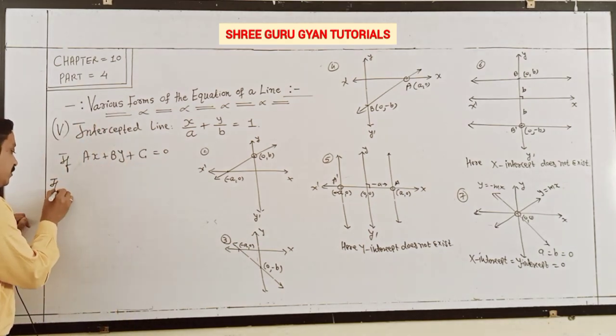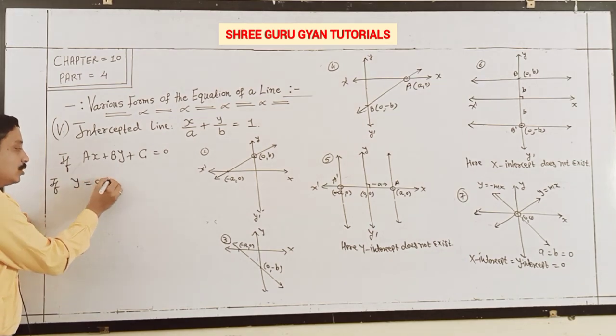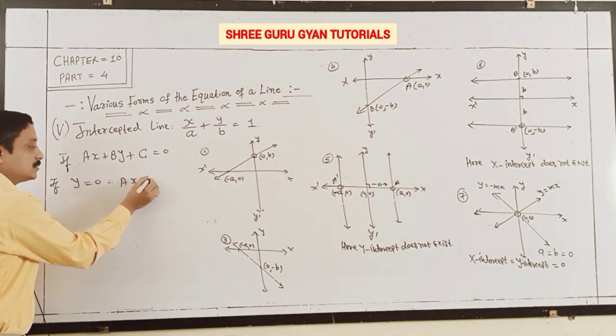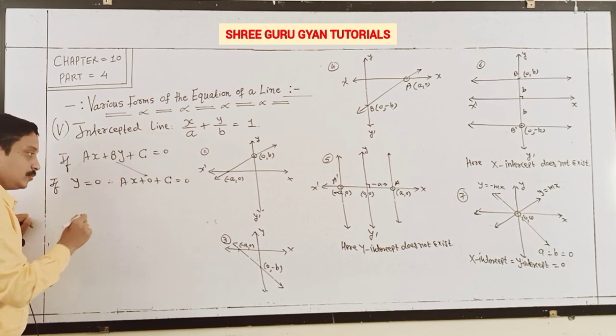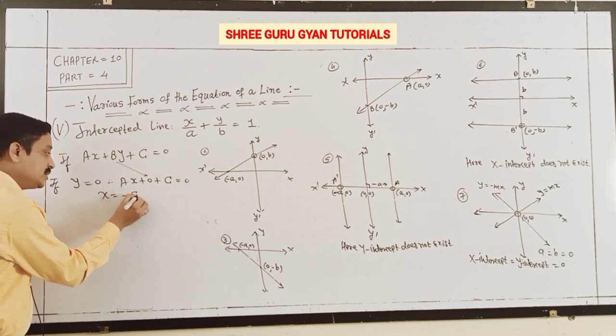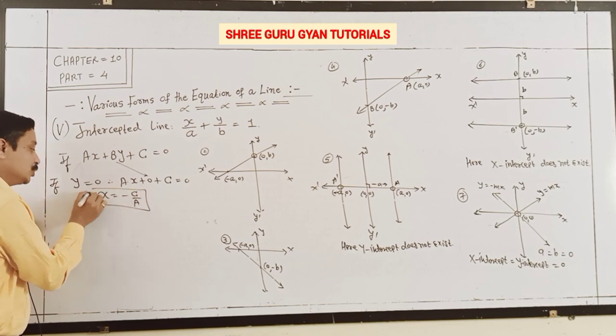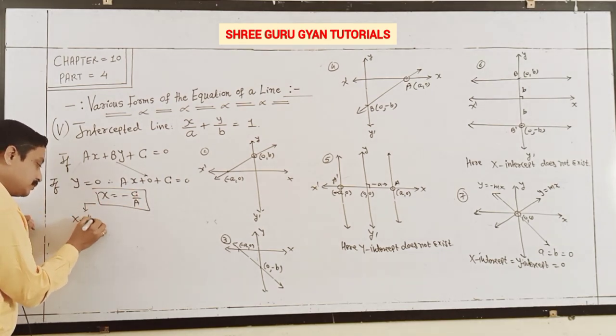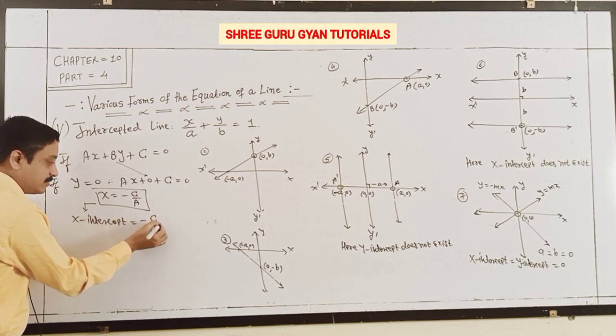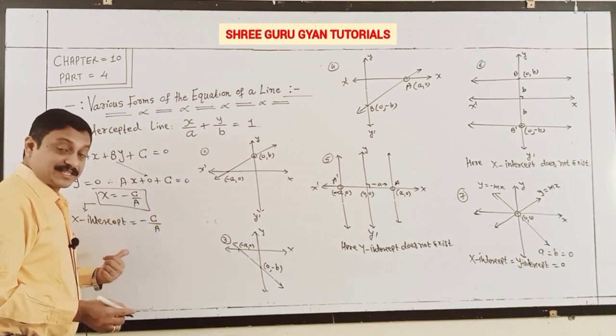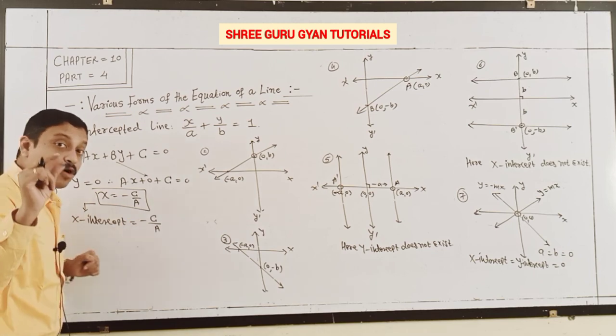So if y is 0, then you get ax plus 0 plus c. Here you apply 0, so x becomes minus c by a. That is also called your x-intercept, minus c by a, and that is called small a.